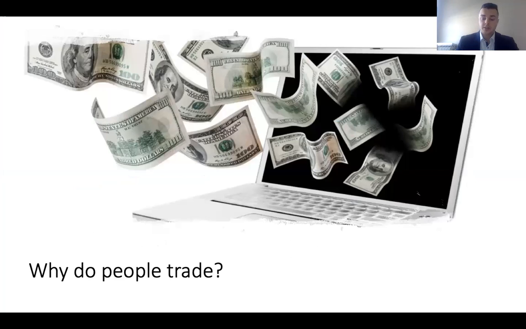Why do people trade? People don't simply trade to make profit. People trade to produce returns and manage risk, in other words, to get better risk-adjusted returns. The trade can only be conducted when both parties are in agreement, where one side is ready to buy and the other side is ready to sell.